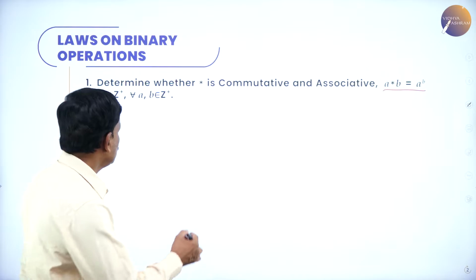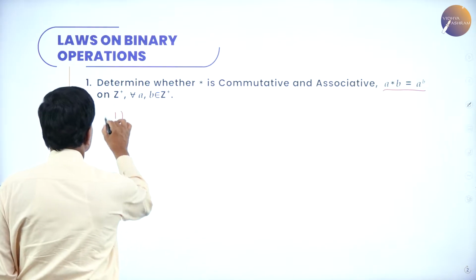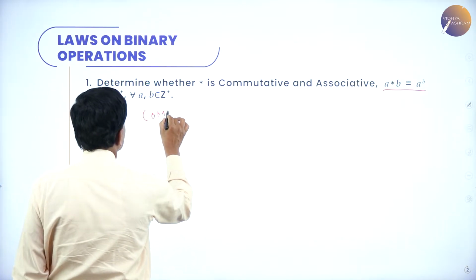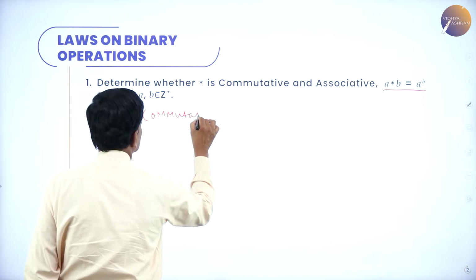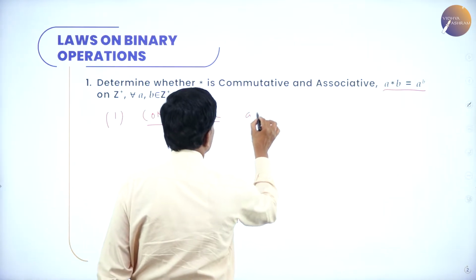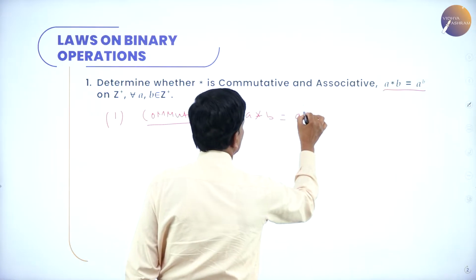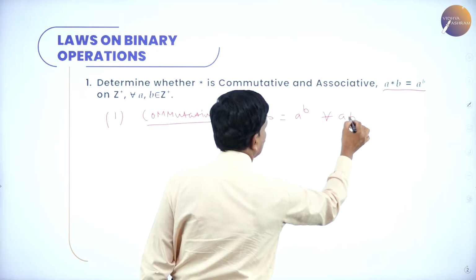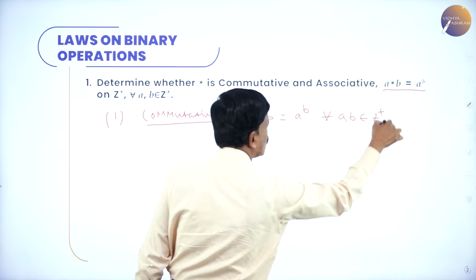Now let us verify the first one, the commutative property. Given A star B is equal to A to the power of B for all A, B belonging to Z plus.